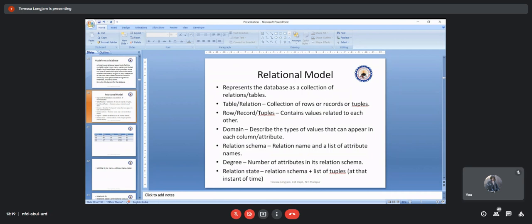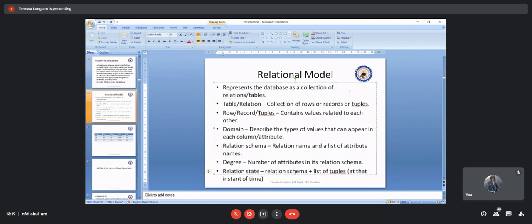A table will be made up of rows and columns, isn't it? I'm just using the table to help you understand, but the formal term that we will be using is relations. Instead of tables, we will be using relations. Tables are called relations in the relational model, and that is why it has the name relational model.